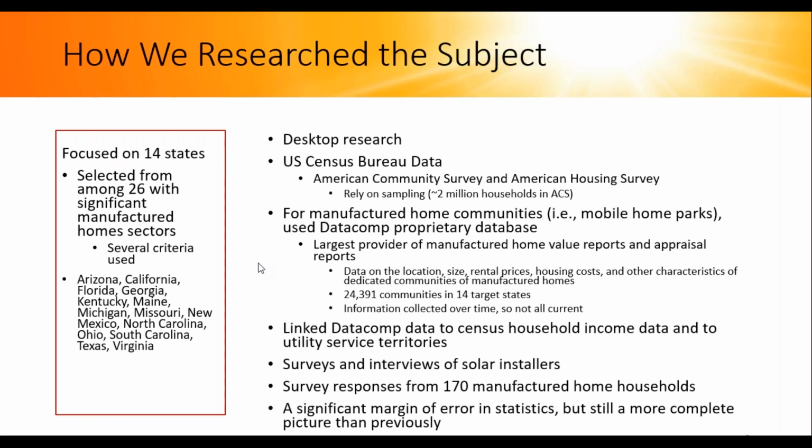24,391 communities. Now, there's a limitation in that data in that it's been collected over time, not just all in this last current year. So some of the information is outdated, but it's still better than anything else. What we then did was take the Datacomp data and link it to census household income data.